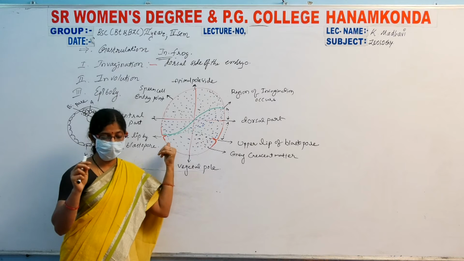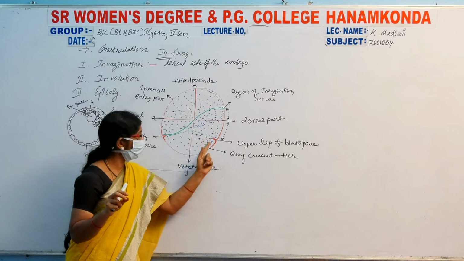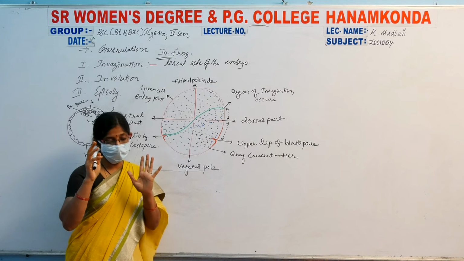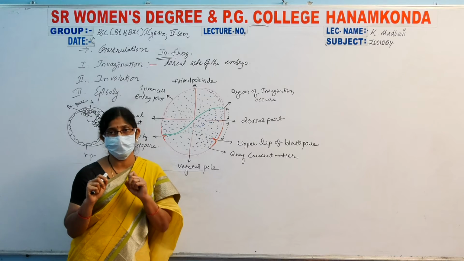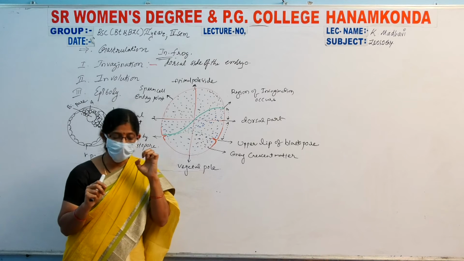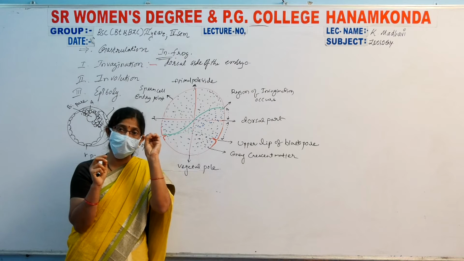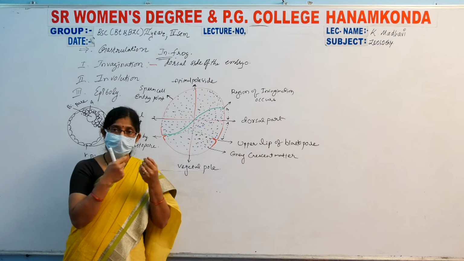Just below the equator, in the region of the gray crescent matter, there is a high sinking of the presumptive cells, ma'am. Pre-sinking of cells. For example, the size of large cells slowly becomes like this. Okay, and these all types of cells can go.